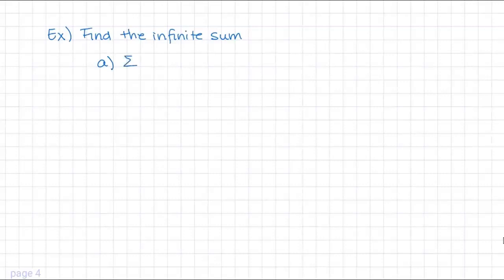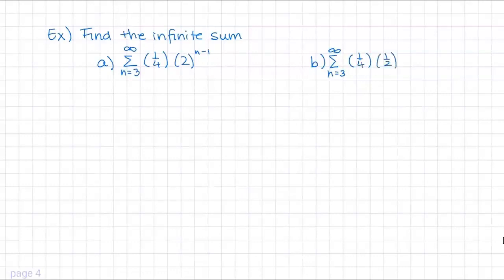The first example is going to be the summation as n goes from 3 to infinity of 1/4 times 2 to the n minus 1. And the second example is going to be the summation as n goes from 3 to infinity of 1/4 times 1/2 to the n minus 1. So give those a shot, pause the video, and then come back.